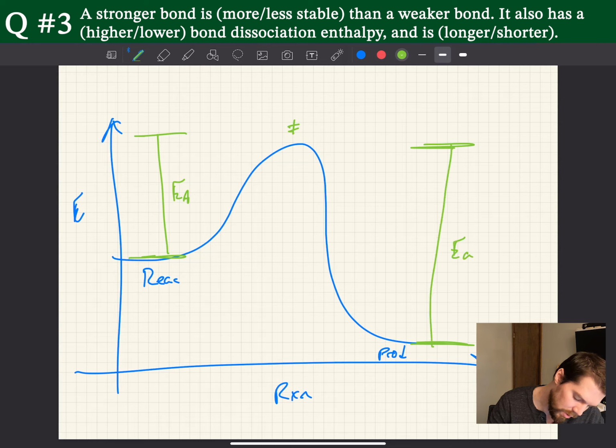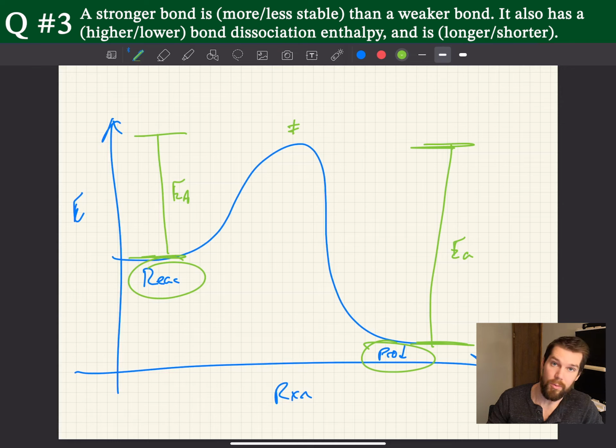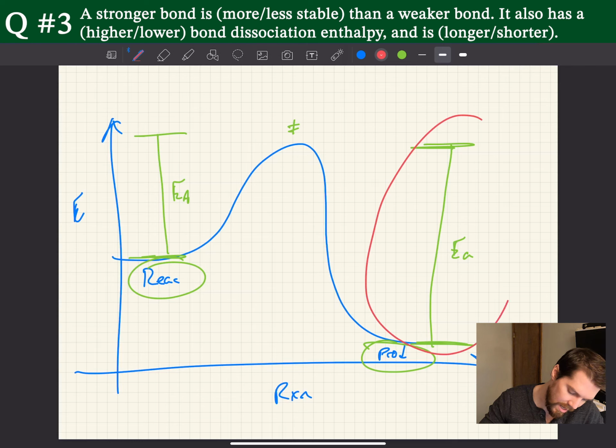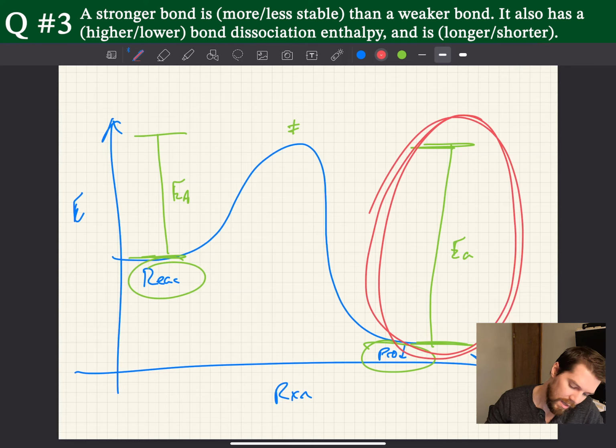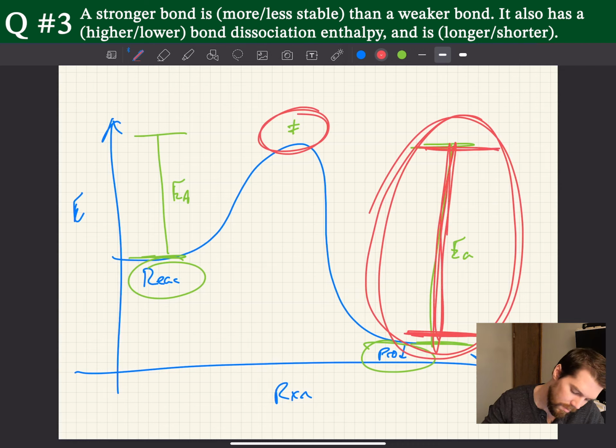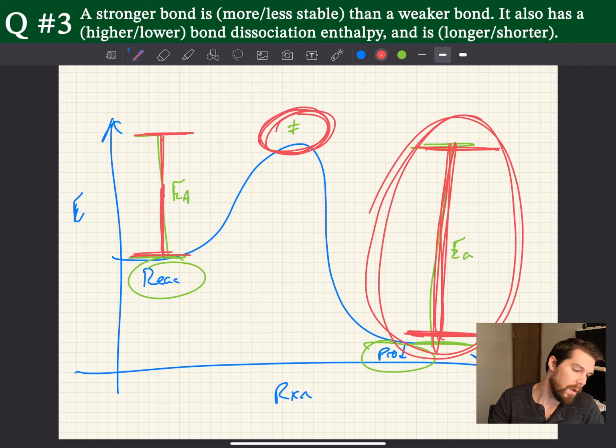If I asked which of the reactant or the product has more stable bonds, I would say this side of the reaction has more stable bonds, because to break them I have to put into this system a much more substantial amount of energy. Here, these bonds must be weaker because I only have to put in this much to reach that same transition state where the bonds are broken.